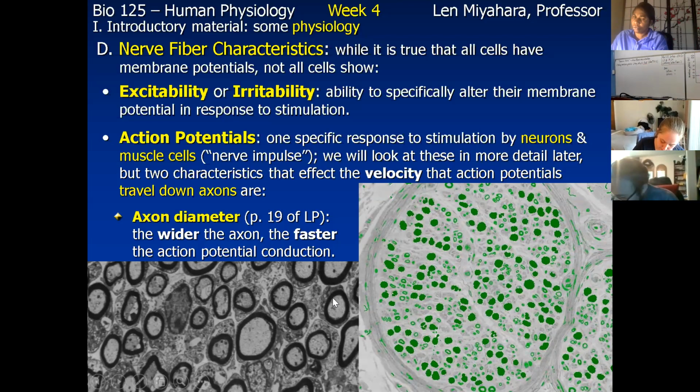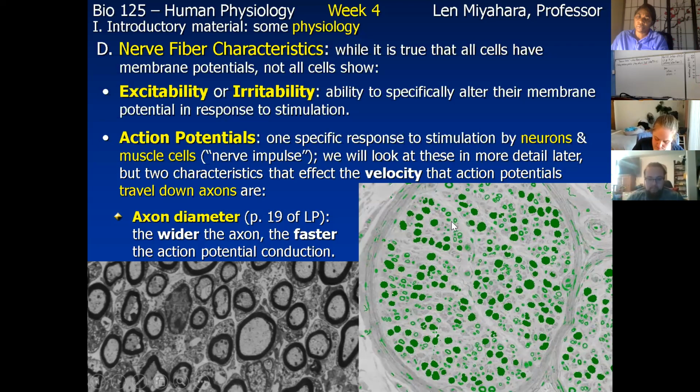Actually, this is one fascicle in a nerve trunk. So this is perineurium, if you guys remember that from anatomy. Perineurium surrounding a fascicle. All these little dots inside are cross sections of axons. And the big green ones are fast, and the tiny hollow ones are slow.